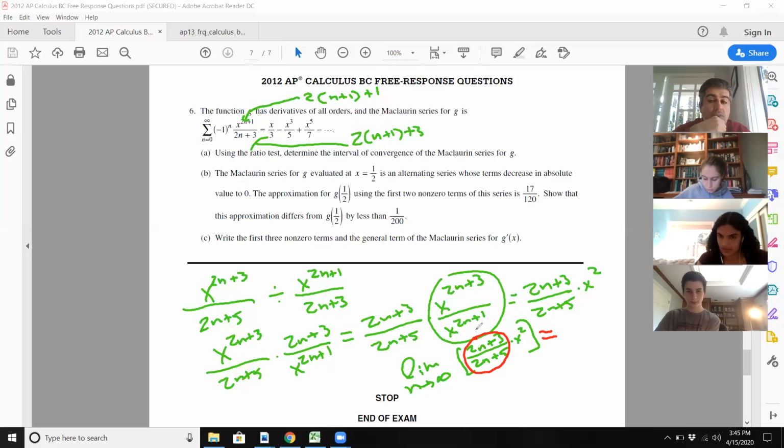Three-fifths? Just one. Remember, you're focusing on the leading terms. So you kind of ignore the 3 and the 5. So basically it'll be 1 times x squared or just x squared.